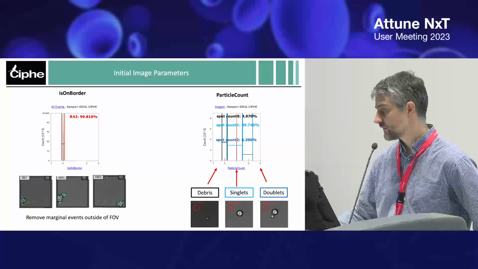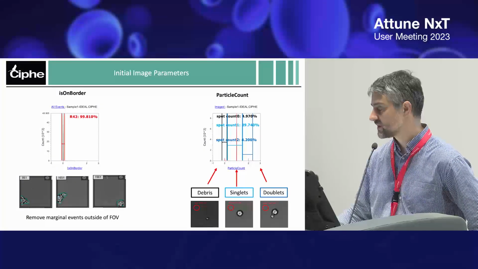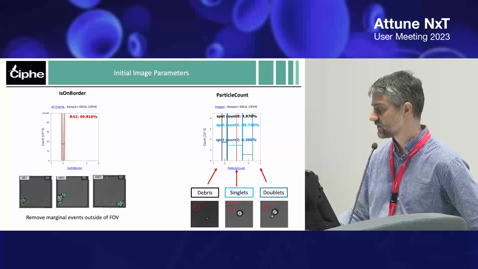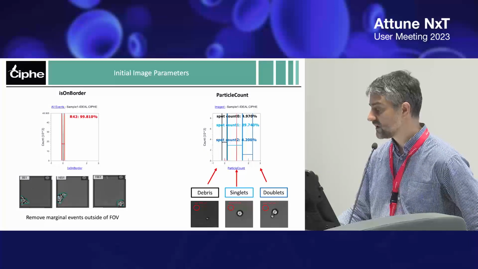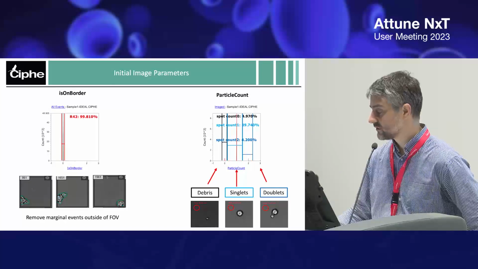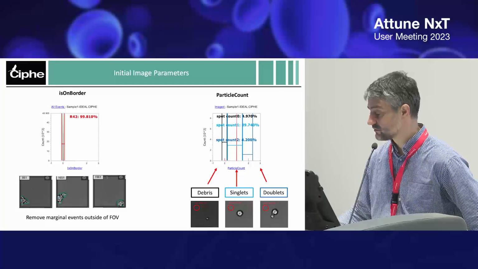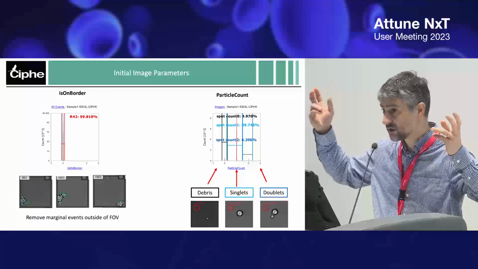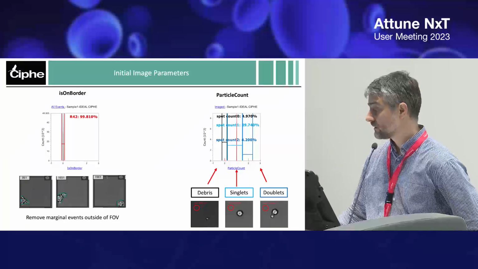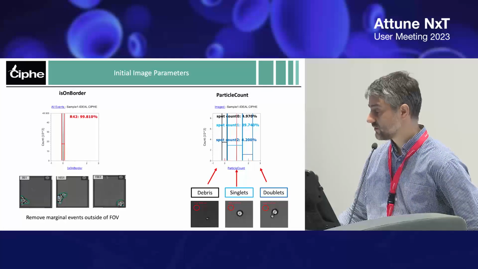The other very important aspect is that you have this particle count, a new parameter that is coming. And basically here it shows you that you have either 0, which is 0 cells, so it could be debris. Here you would find with 1 particle your singlets, and with 2 particles your doublets.